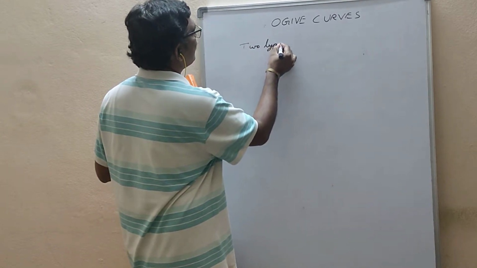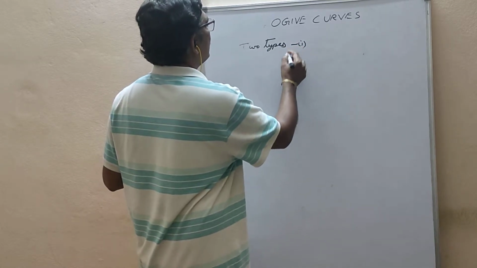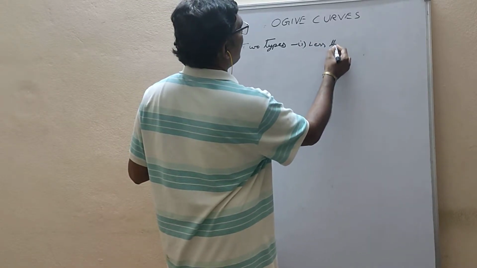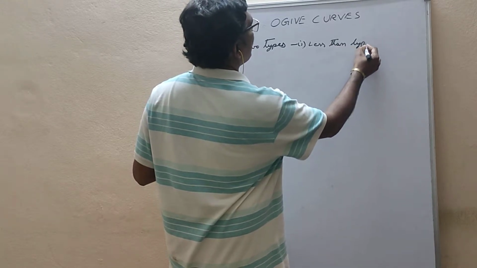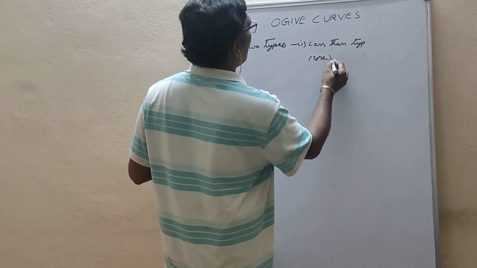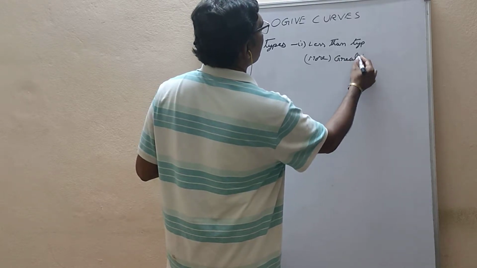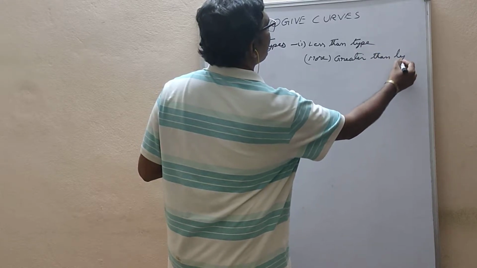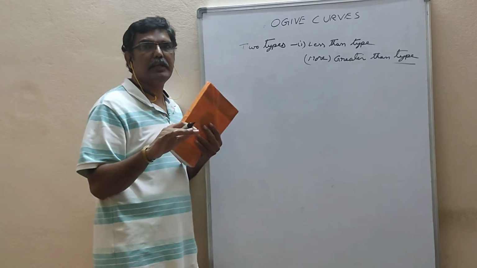The first one is the less than type, and the second is the more than or greater than type.